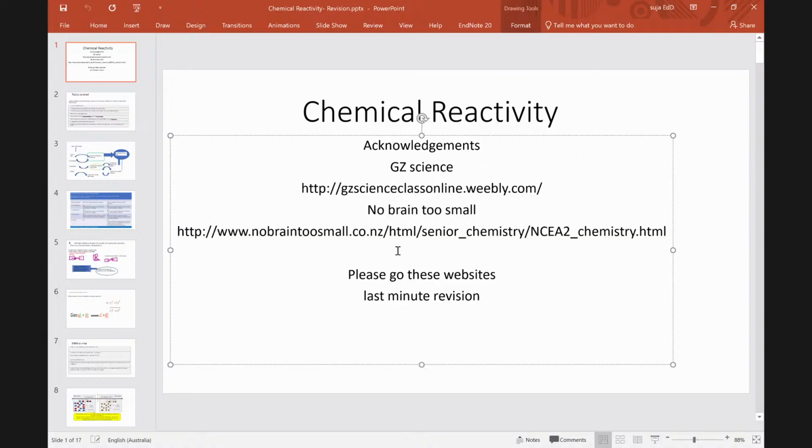So chemical reactivity is again a very easy topic, extremely easy, because part of it you studied last year as part of your acids and bases topic, looking at reactions and the factors that affect reactions. The only addition this year is that in Year 11 you learned about reactions going one way.